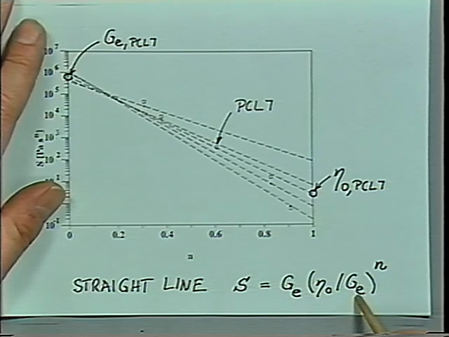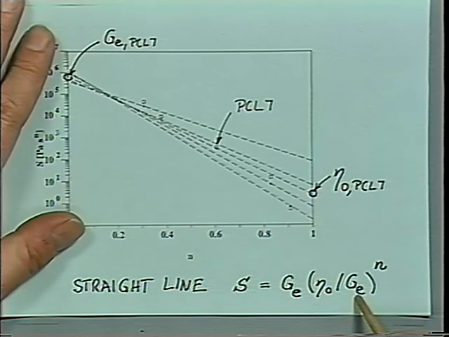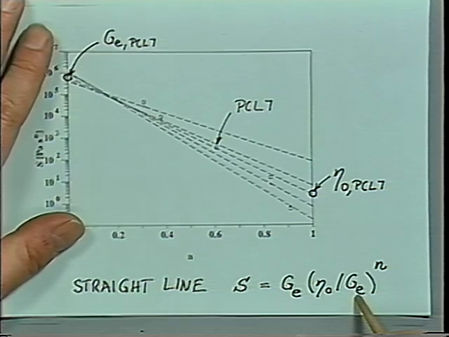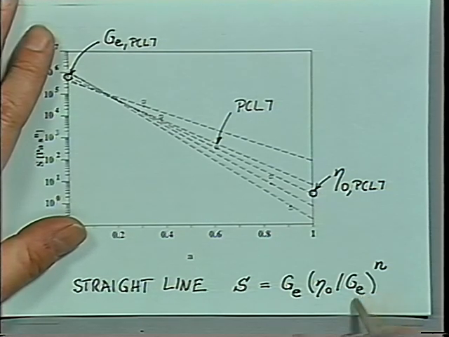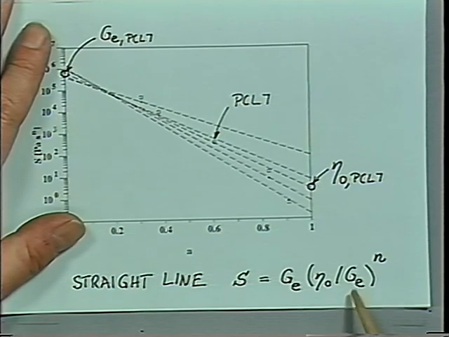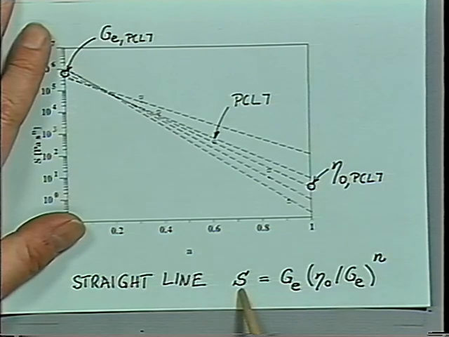And that helps us a great deal further because, remember, we're looking for molecular weight dependence. It helps us because we know the molecular weight dependence of this equilibrium modulus, and we know the molecular weight dependence of eta 0. Therefore, we can calculate the molecular weight dependence of the front factor of S. However, there's a problem.